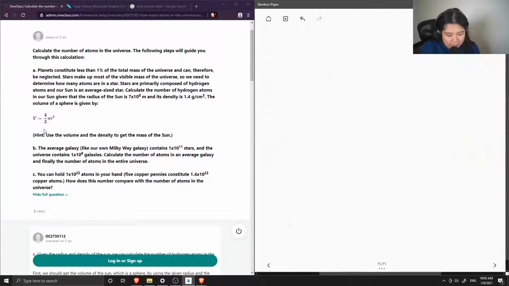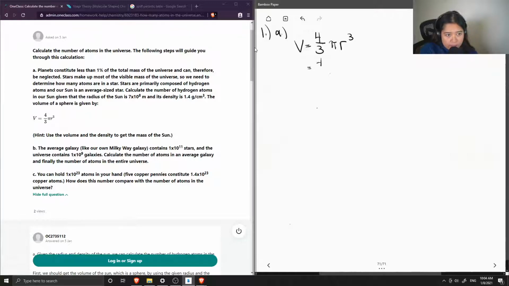Okay, so very helpful information. So for part A, first let's calculate the volume. So volume is equal to 4 over 3 times pi r cubed. So they tell us the radius of the Sun, which is 7 times 10 to the 8 meters.